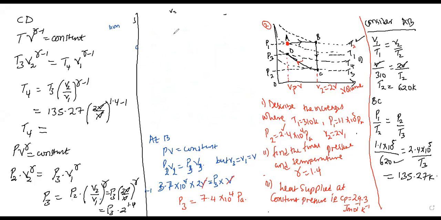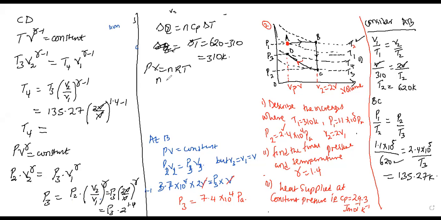Then for the last part, total heat energy is equal to n Cp delta T. They want to find Cp. So the change in heat energy would be equal to n Cp times the change in temperature. Change in temperature would be 620 minus 310, which is equal to 310 Kelvin. From PV is equal to nRT, n is going to be equal to P1 V1 over R T1.